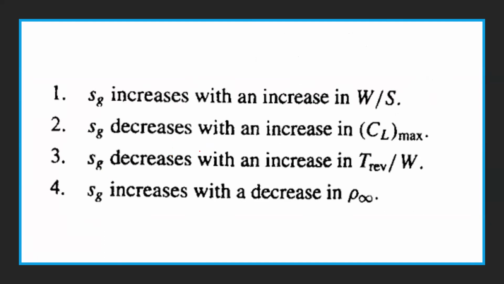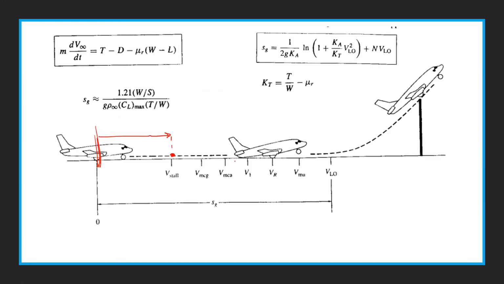Then what is VMCG? Minimum control speed on ground. Very good. This is the minimum ground control speed. And what does that mean actually?